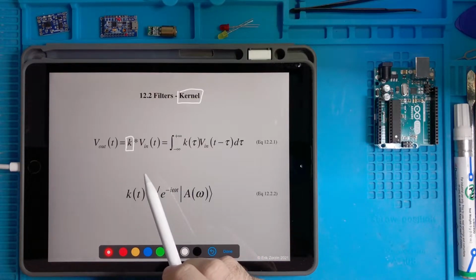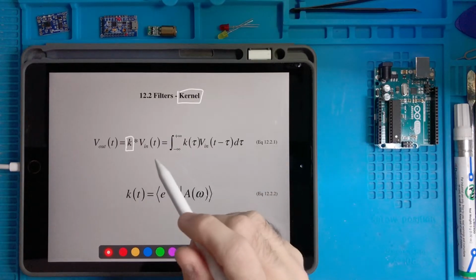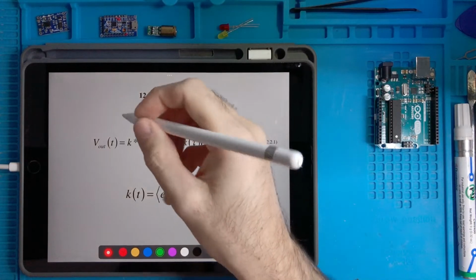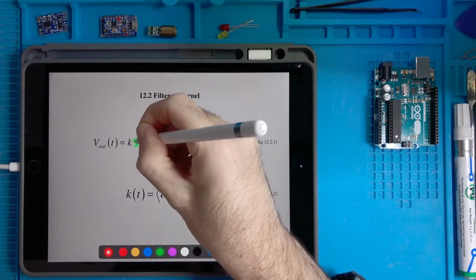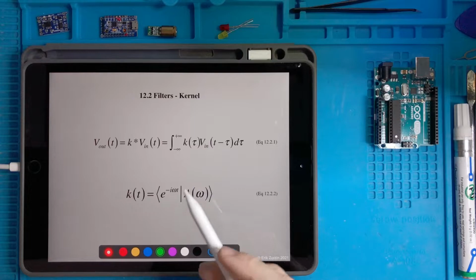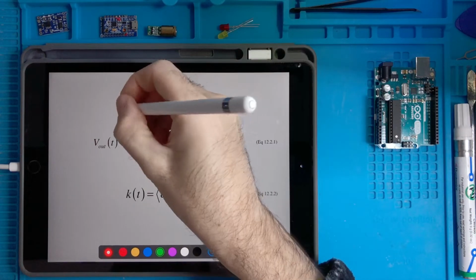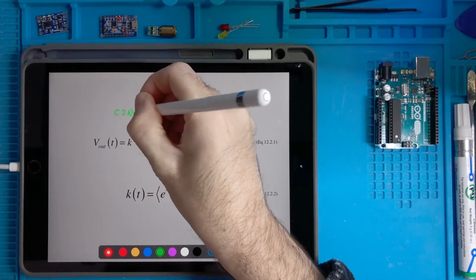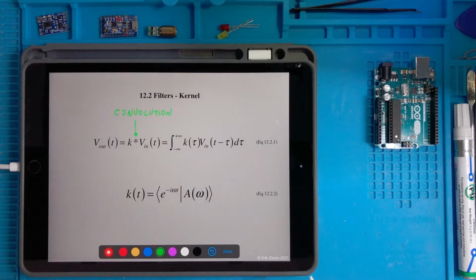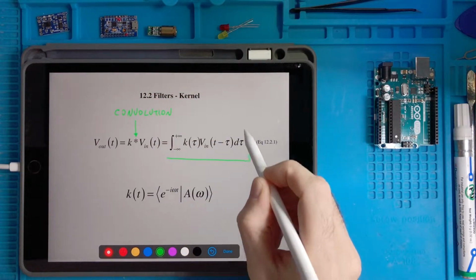And the kernel is defined through an operation which is indicated with this big star, not to be confused with the little star that we use for the complex conjugation operation. And this thing is called convolution. And it corresponds to this operation written here.